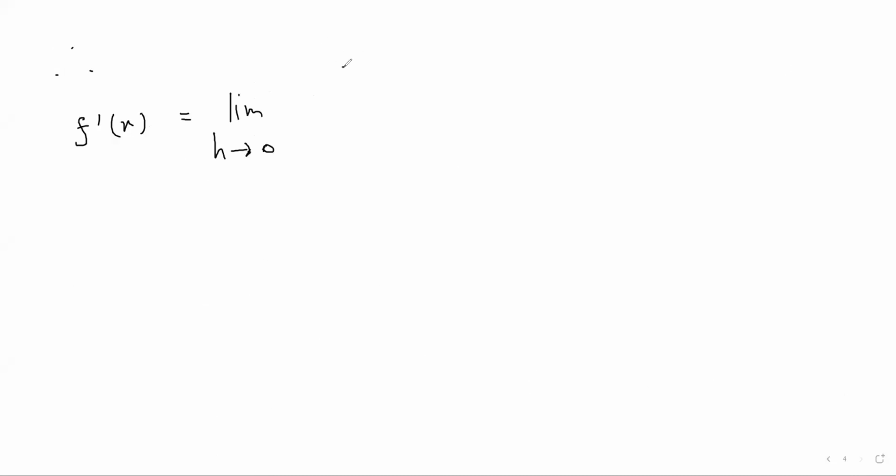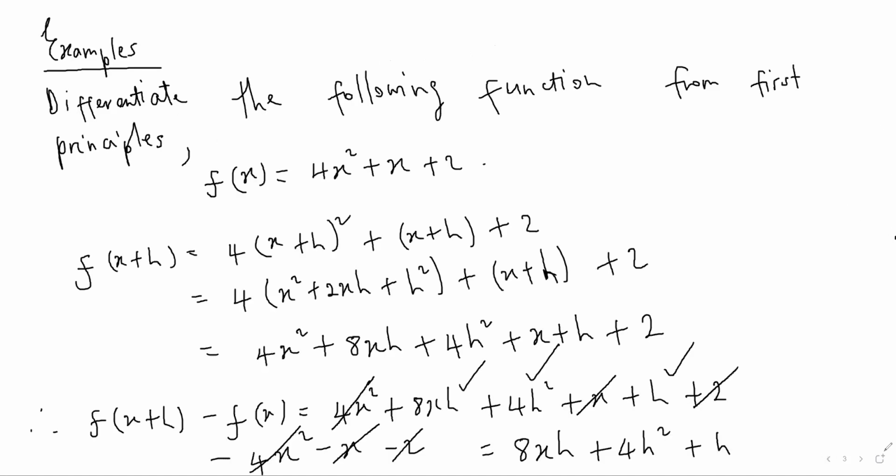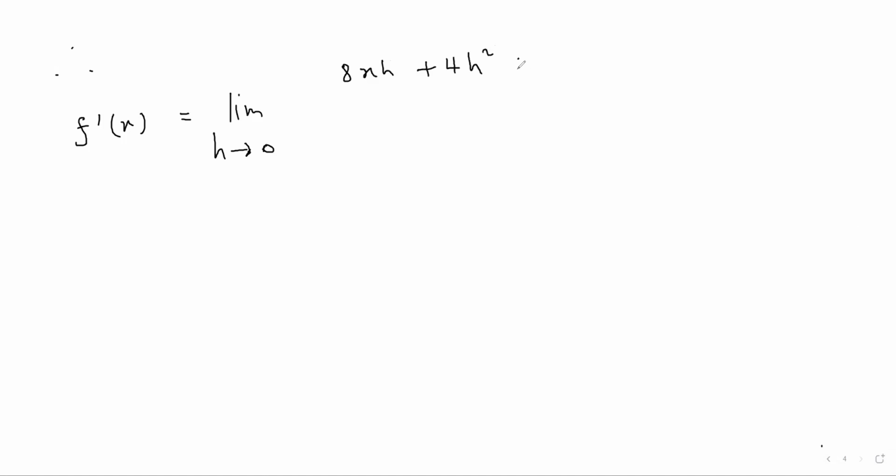So we write this here: we've got 8xh, and we've got plus 4h squared, and plus h, and we divide this by h, like this. So that's what our derivative is given by. So f prime x is given by this limit.